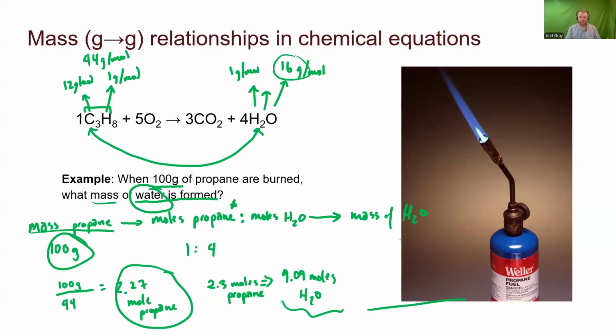You have 9.09 moles of H2O that are produced. 1 mole of H2O is 18 grams.